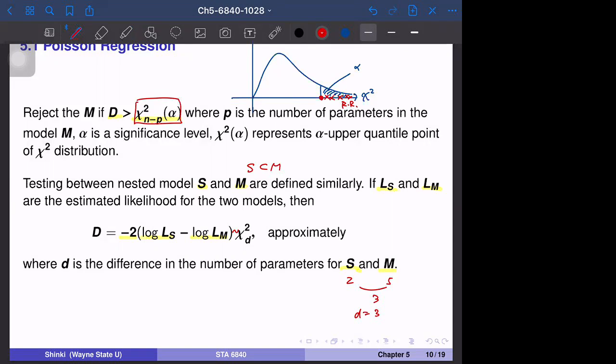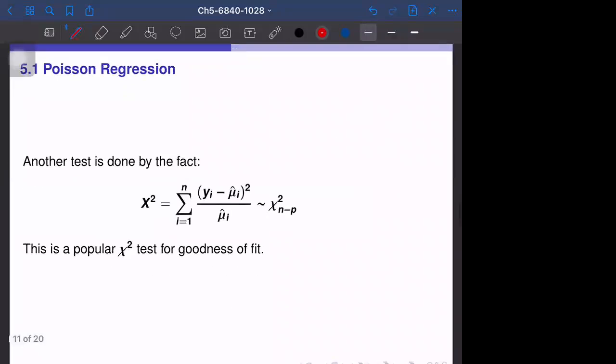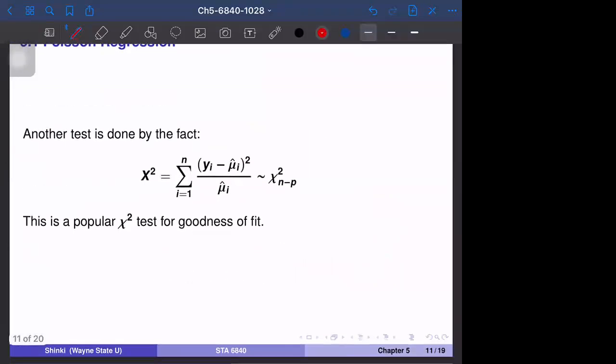So this is how to estimate parameters and do testing in count regression, the Poisson regression. Okay, and another test can be done. In the previous page we used the deviance, which is basically the likelihood.